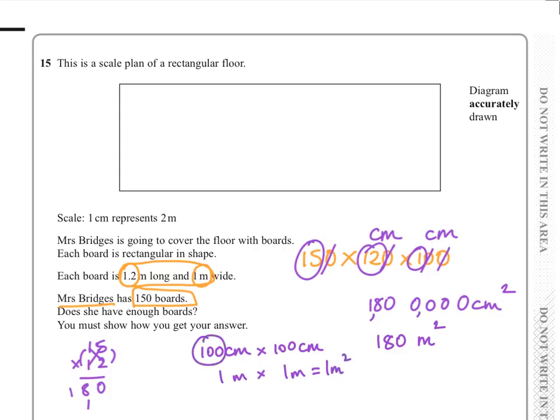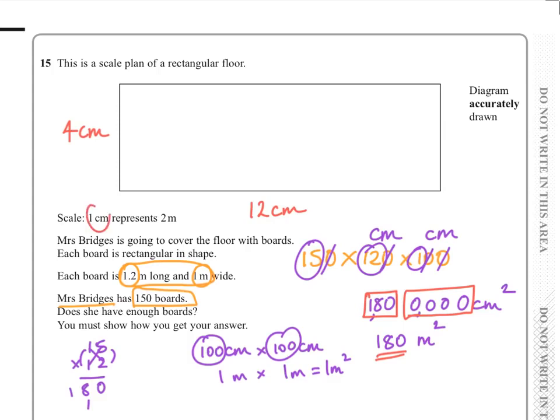And if you do 100 centimetres times 100 centimetres, then that's these 4 zeros here, 4 powers of 10, leaving you the 180 metre squares. So looking at the mark scheme, it seems to me that if you were to measure this, and hopefully this is correct, and I can't tell because I'm on a computer here, that this should measure 4 centimetres by 12 centimetres if you were to use a ruler.